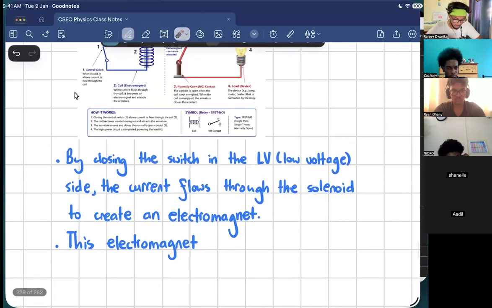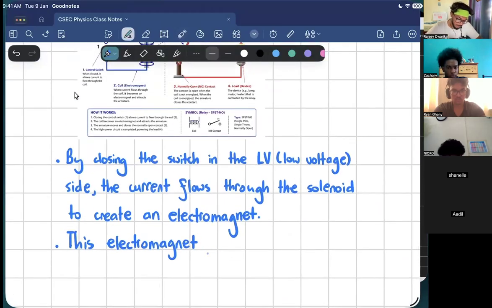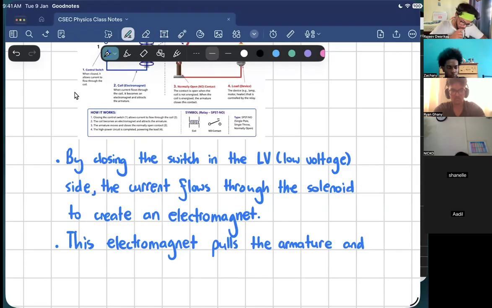So this electromagnet attracts, I should say, pulls the armature and closes the circuit.